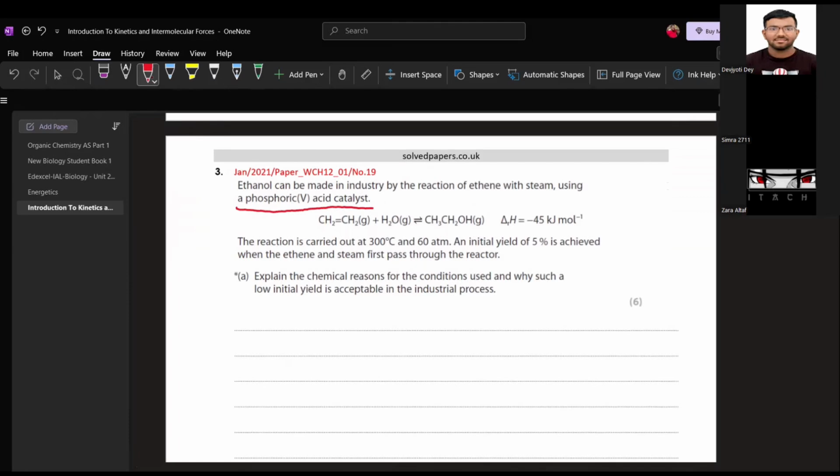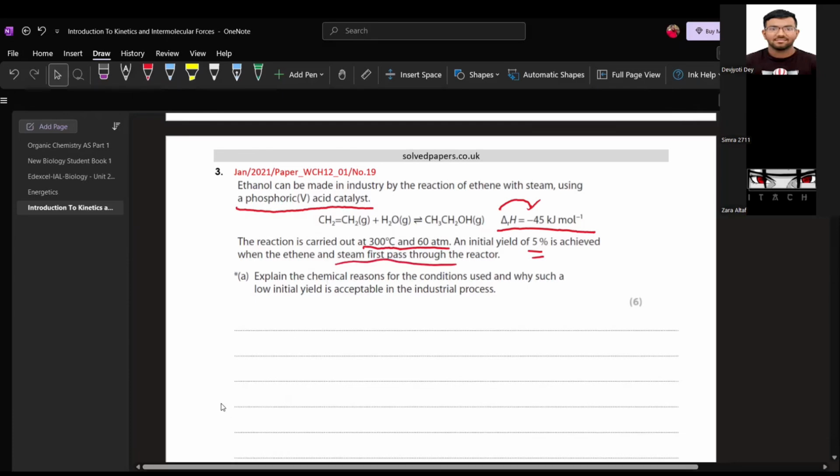The second point that we need to check is the endothermicity or exothermicity of the forward reaction, which is negative 45 kilojoules per mole. The reaction is carried out at 300 degrees Celsius and 60 atm, and an initial yield of 5% is achieved when the ethene and steam first pass through the reactor.